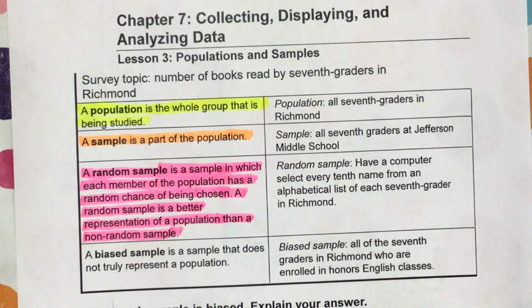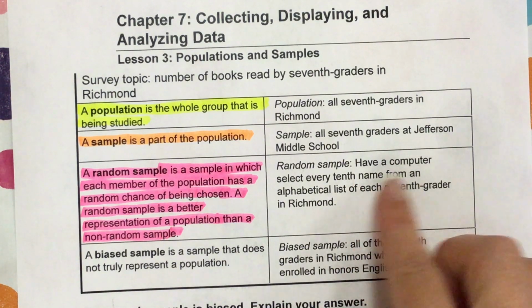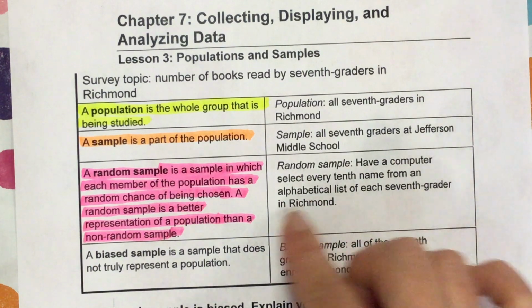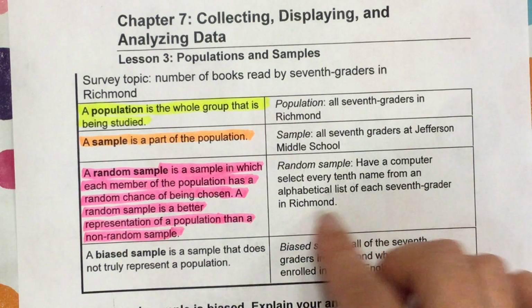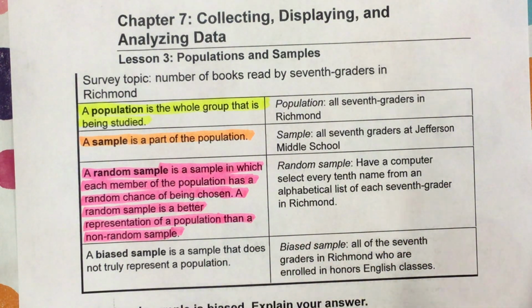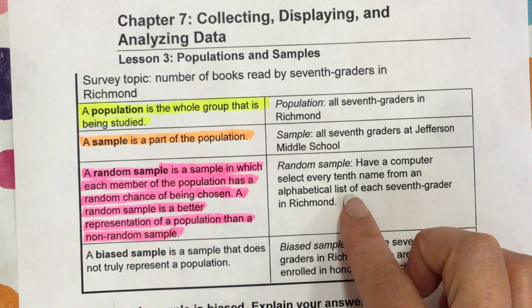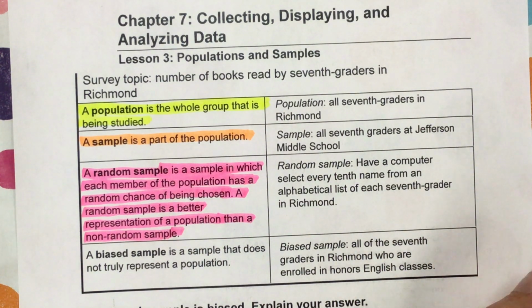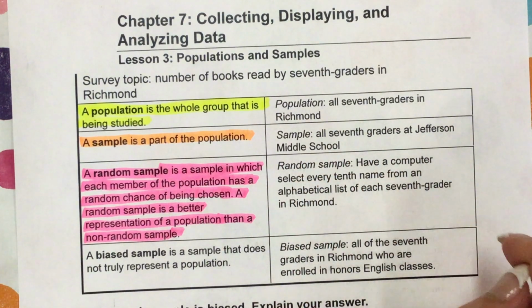So an example of a random sample would be something like you have a computer and every 10th name from an alphabetical list of each 7th grader in the city of Richmond. So you have a computer that lists every single 7th grader alphabetically in Richmond, and you just choose every 10th name. So that would be a random sample, because what would happen is you would have 7th graders from all over the city. You wouldn't just have 7th graders at one particular middle school.